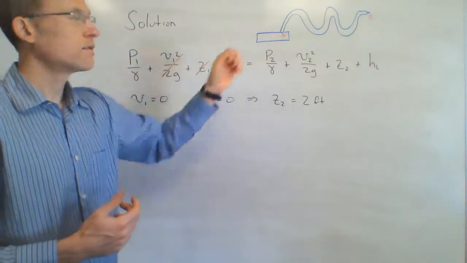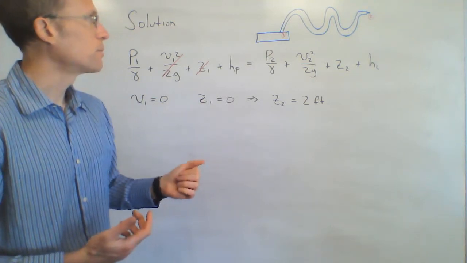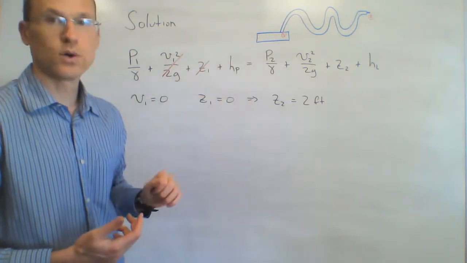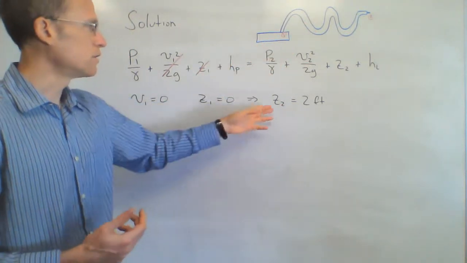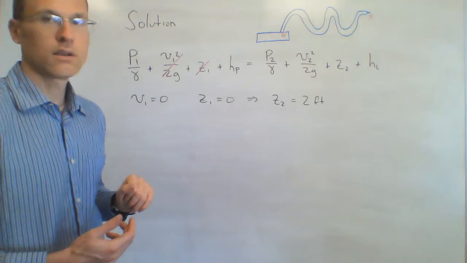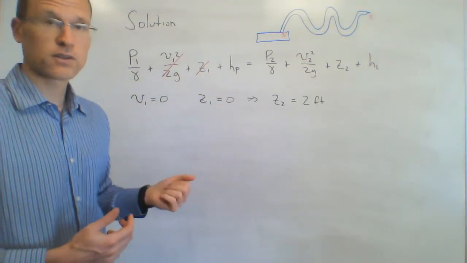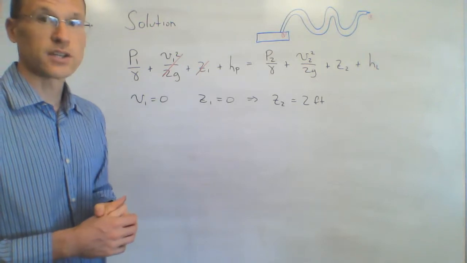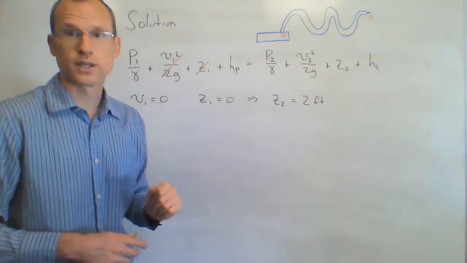Well, in the gas tank, fuel's not moving, so V1 is 0. And then I'm going to pick Z1 equals 0, which means my carburetor is 2 feet higher. So Z2 is going to be 2 feet. So that's all I can get rid of in this case because my pressures are not the same, but I know what those values are. A few things I don't know: gamma, V2, and all my head losses. So I need to get to that.